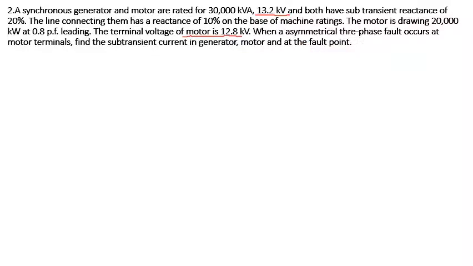So first thing is that we have to draw a single line diagram. Based on this, we can consider there is a generator and the transmission line. It is not mentioned what the transformer is. Then the motor. There is a fault which is going to take place at the terminal of the motor.